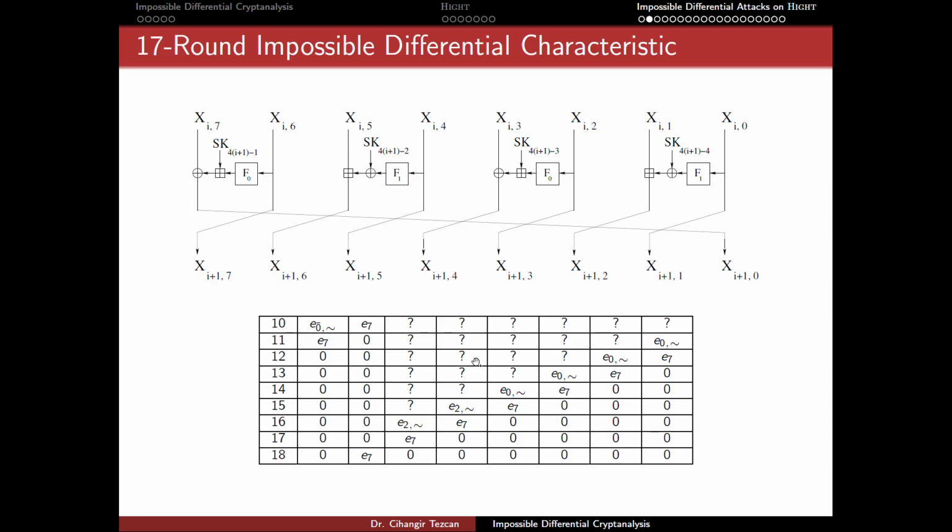So if you continue in this way, in the upwards direction, this E2 tilde turns into E0 tilde, and so on and so on. And at the end, what you observe is that before the final decryption, you have E7 here and E0 tilde here. So E0 tilde comes here to here, E7 comes to here and here, but E7 after F0 becomes E0 tilde. So if you XOR E0 tilde with E0 tilde, you end up with E0 bar tilde. So this means that this bit has to have the difference of 0.